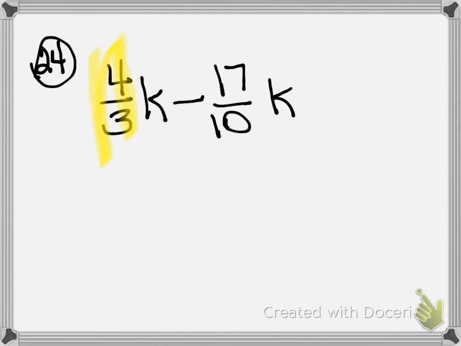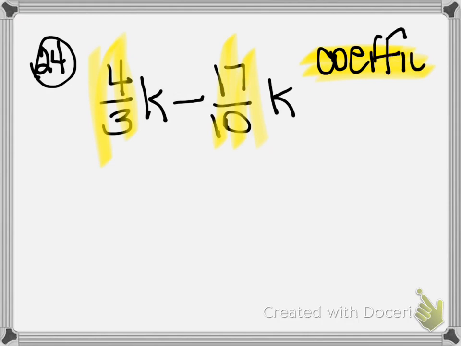The coefficients are the numbers in front of your variable. Those yellow terms are your coefficients. The variable is your letter or your unknown. So in this one, the k is your variable.